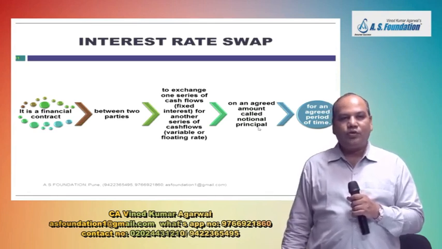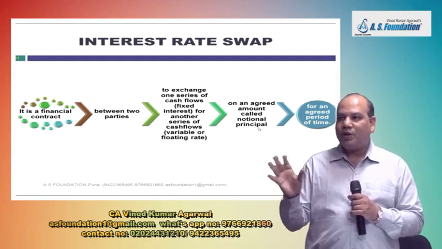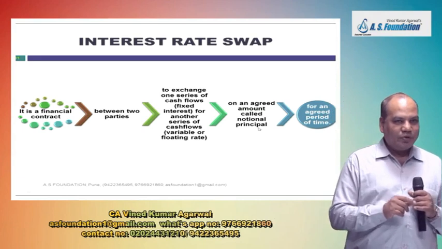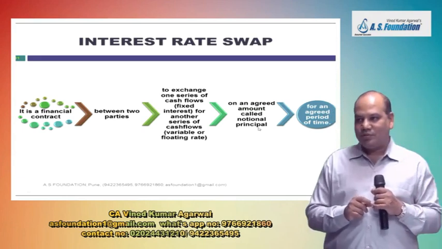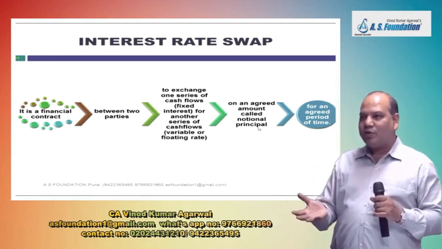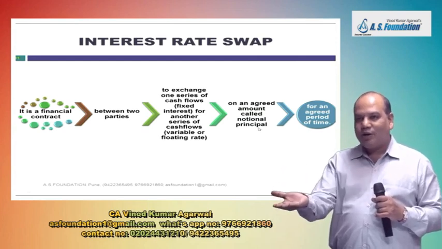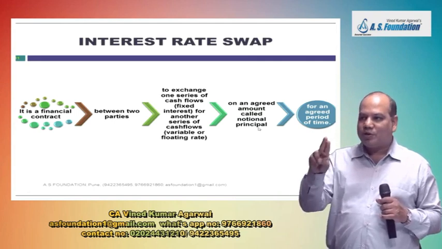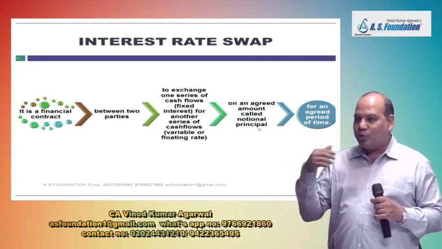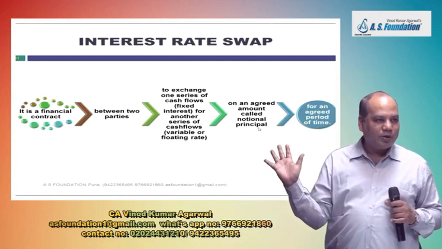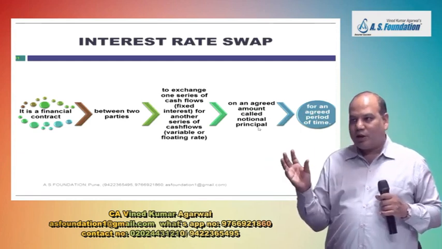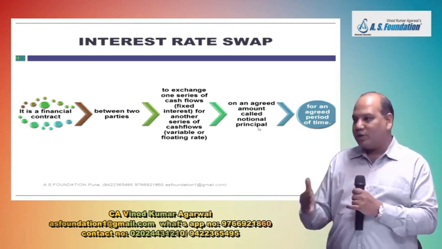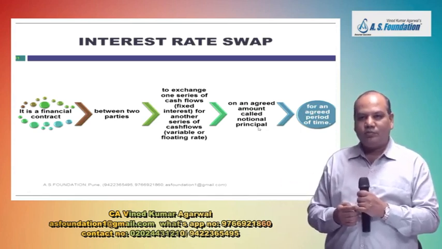In interest rate swap, principal amount is not exchanged, only the interest amount is exchanged. But for calculating interest, we have to take a notional principal amount. Interest calculation will require principal, rate, time. So both parties will agree, oh, this is 50 crore rupees principal, on that we will calculate interest. And this is done for an agreed period of time, maybe 3 years, 5 years, 1 year.